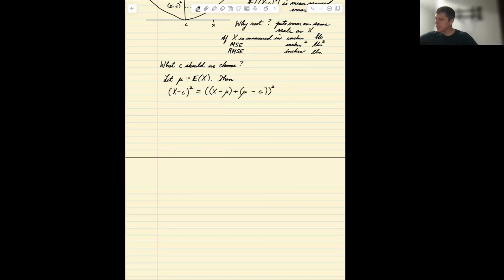But then we can group things this way. If we group things this way, what happens? Well, we expand a binomial. So we expand it in terms of these two groupings.